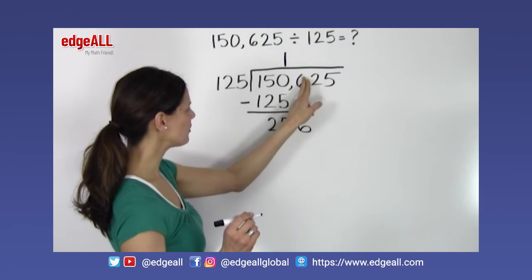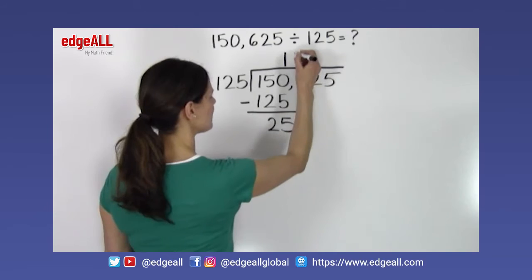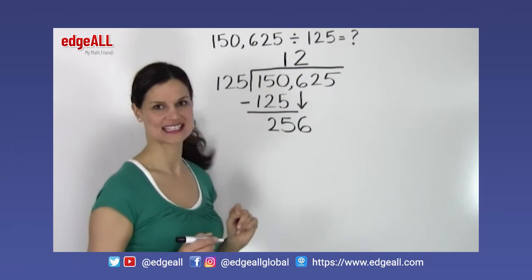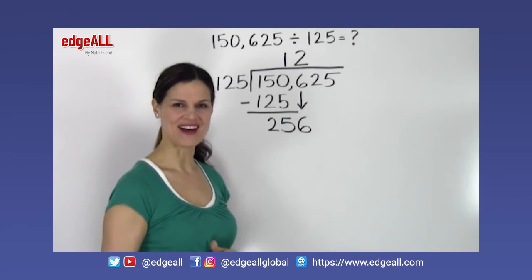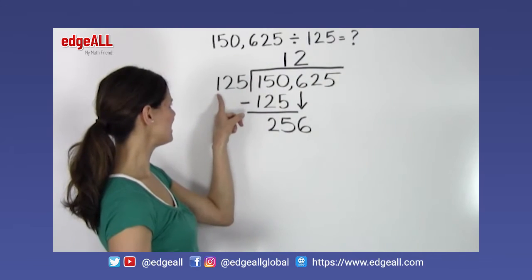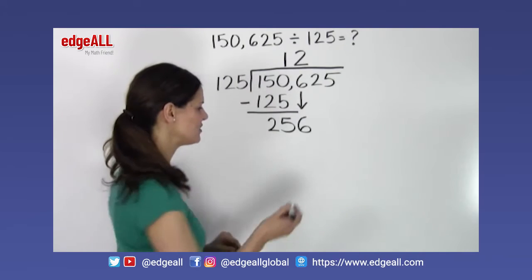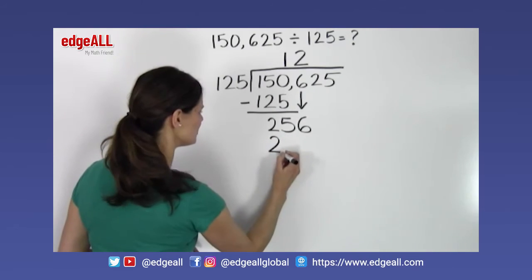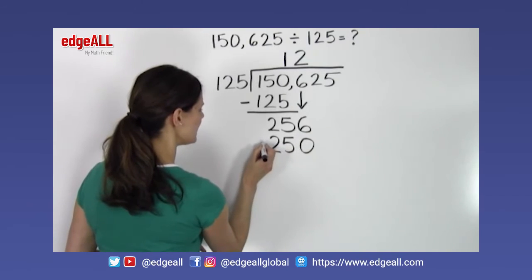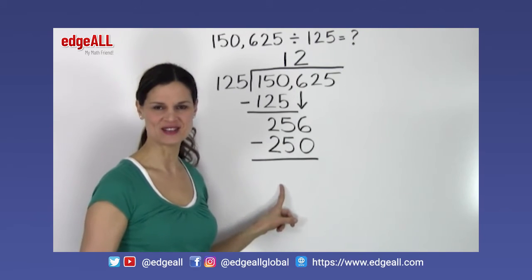I want to place it right above the next digit from the one that I started with, right here above the 6. And then I perform the calculation again of 2 times 125, and I place my answer right underneath the 256. So 2 times 125 is 250, and I subtract 256 minus 250.